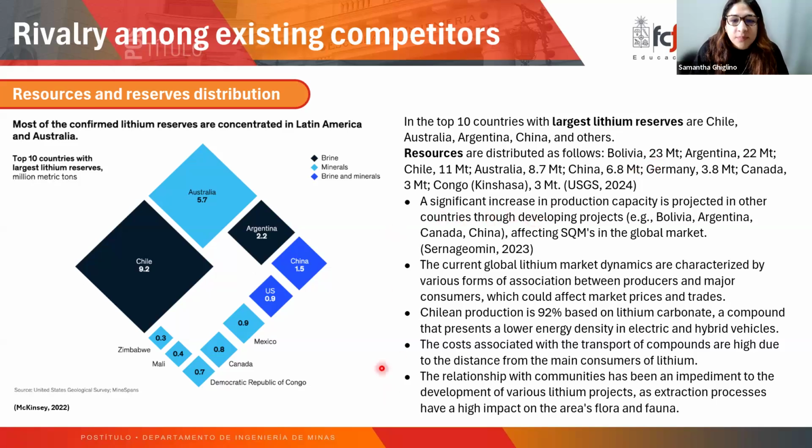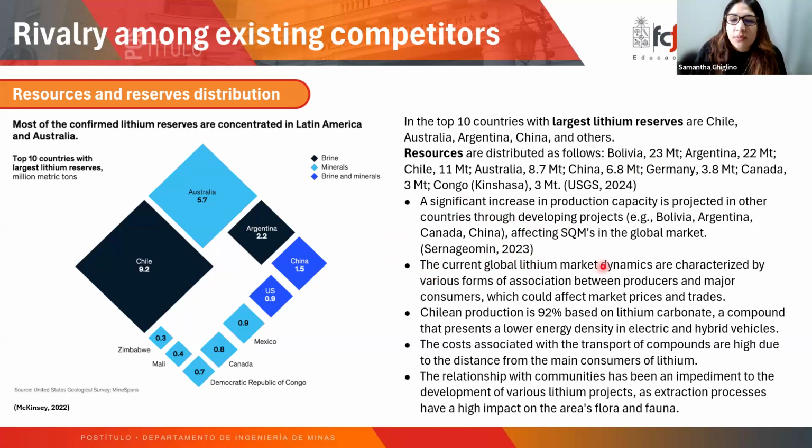Some key points that we have annotated here: there is an increase in production capacity being developed in other countries. What I mentioned before, Bolivia, Argentina, Canada, and China are all countries that are investing highly in future lithium operations. So SQM, that is currently in second place, could lose positions in the medium or long term.